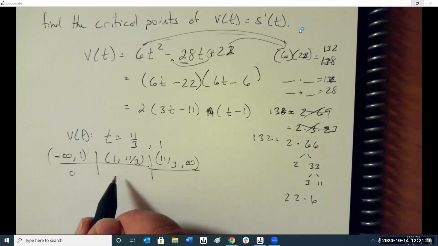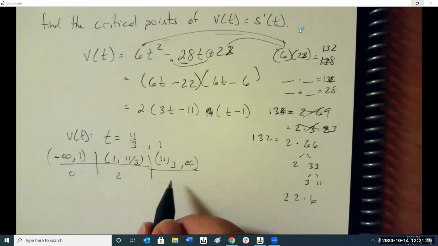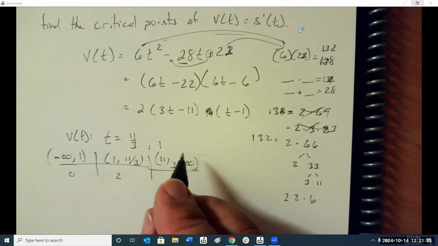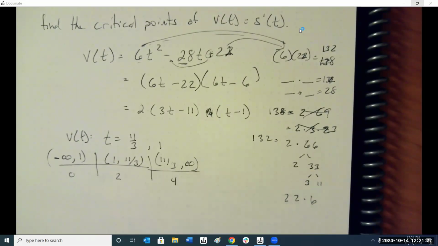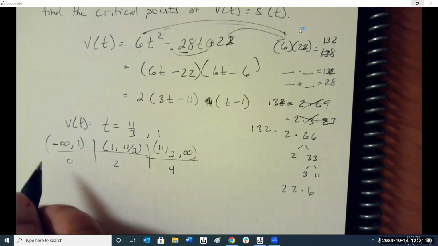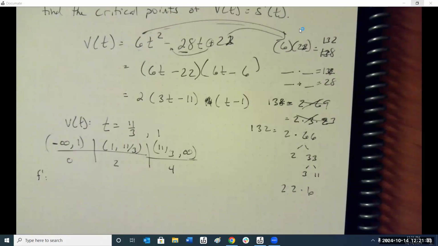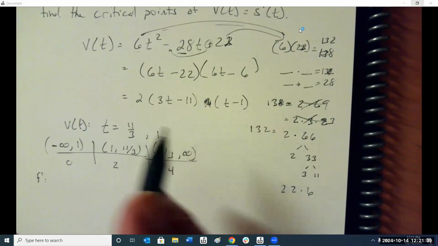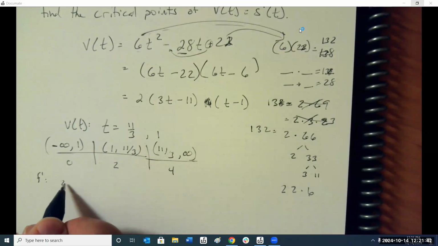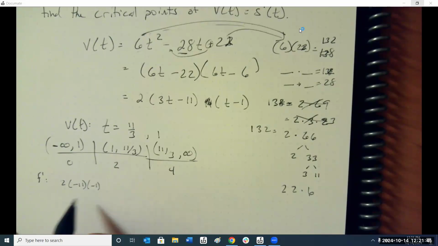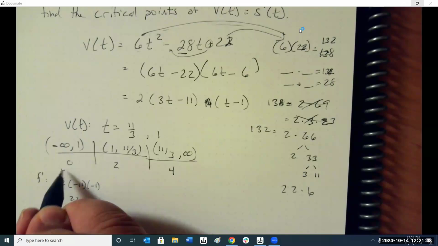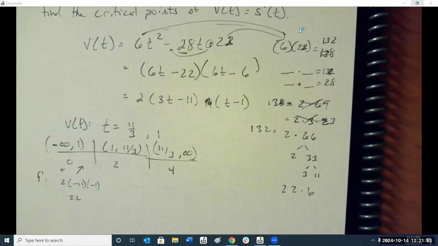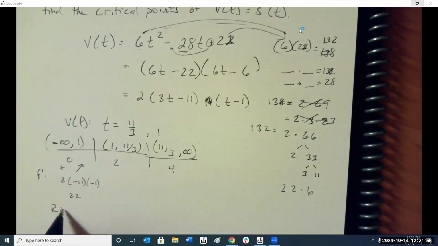I use 0 here, use 2 there. 7/3 is 3 and 2/3. Let's do 4. So plug in the first derivative. So it's 2 times -11 times -1 makes it 22. Makes it positive, so it's increasing. So it moves to the right.